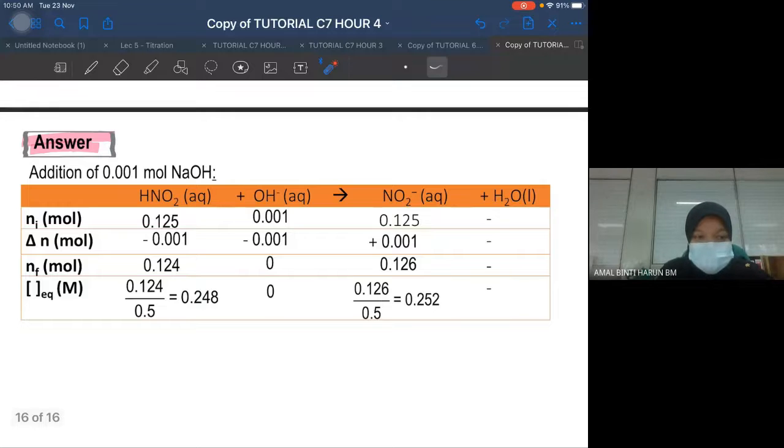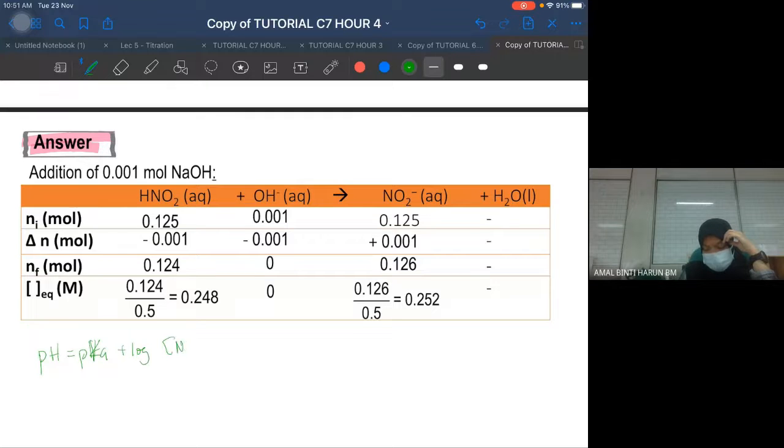Okay, so ni saya tak kira saya tunjukkan terus table dia. So you boleh kira dia punya pH. pH sama dengan pKa tambah log concentration salt NO2 minus over HNO2.